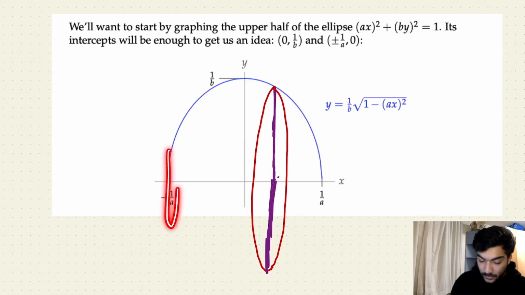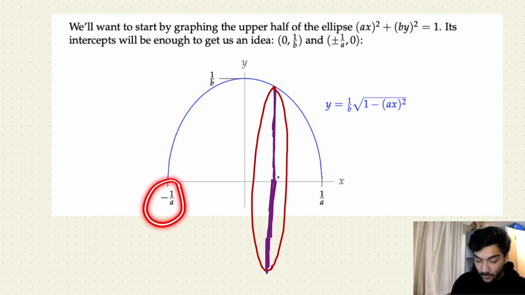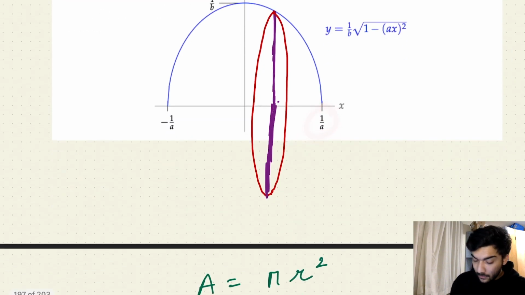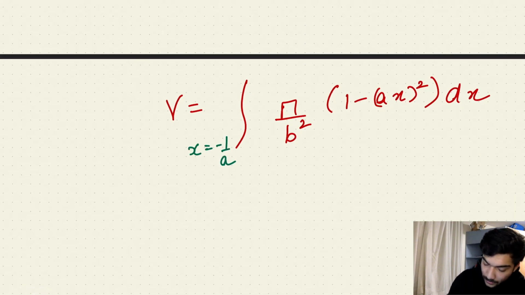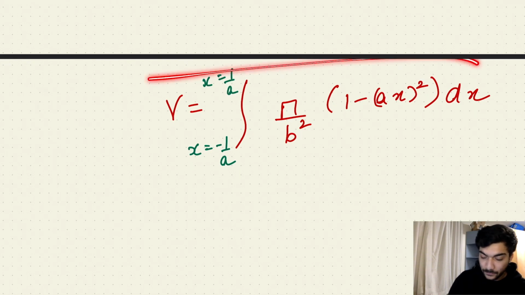We also know about the endpoints as we already discussed in the first half of the video. So since we are building circles from the left endpoint all the way to the right endpoint, we will have our lower x value. The lower endpoint would be x equals minus 1 by a. The upper endpoint would be x equals 1 by a in this case, right? So this would be from x equals minus 1 by a to x equals 1 by a in this case.